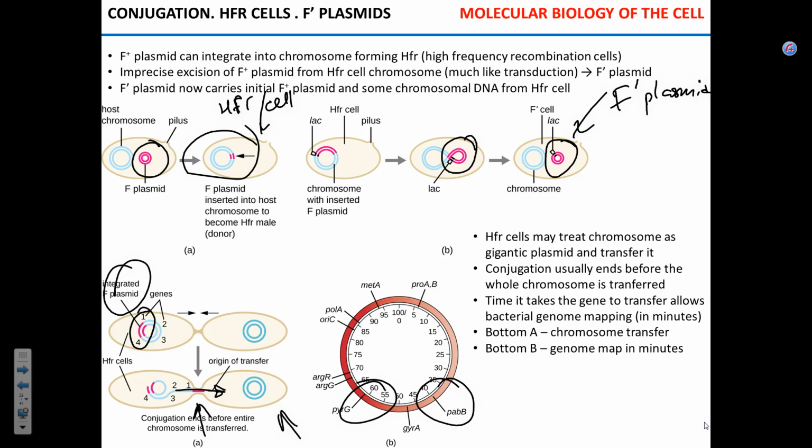So you can say this gene is located closer to the origin of transfer than this gene. It's interesting that the chromosomal map is mapped in minutes. For the same species? Yes. If we talk about the same species, it's going to be standard time.